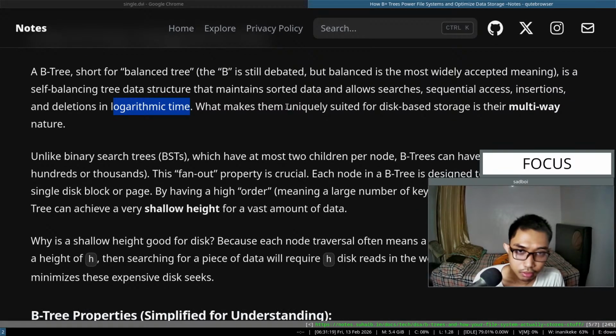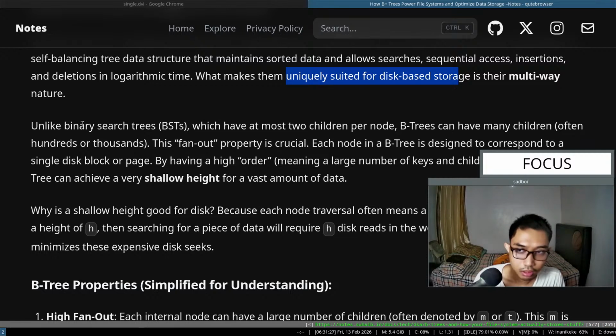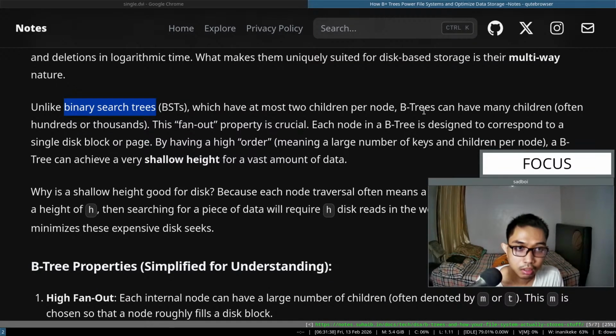What makes them uniquely suited for disk-based storage is their multi-way nature. Unlike binary search trees, which have at most 2 children per node, B-trees can have many children, often 100 or 1,000.